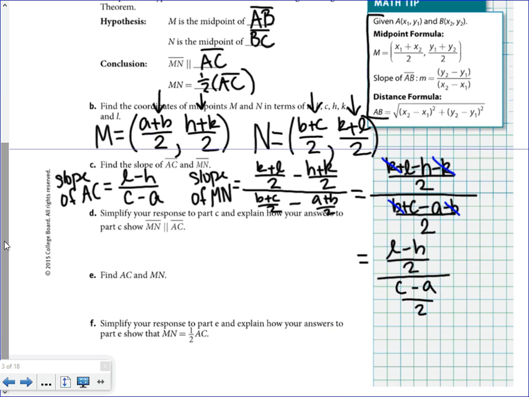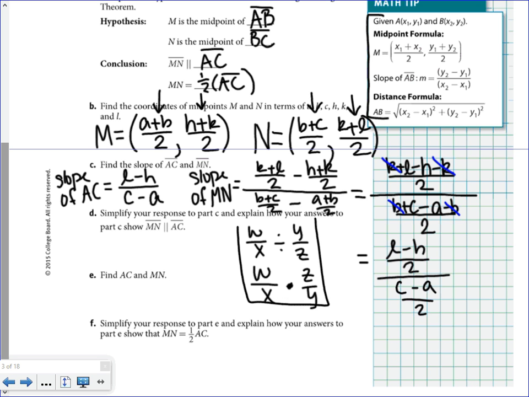From there, if you have a fraction divided by another fraction, you can make it multiplication and do the reciprocal of the second fraction, something that hopefully you remember from Algebra 1 last year. So we have two fractions that are being divided.